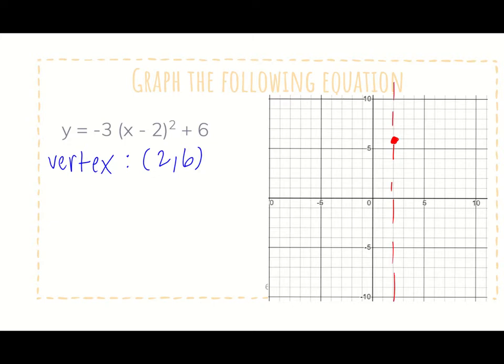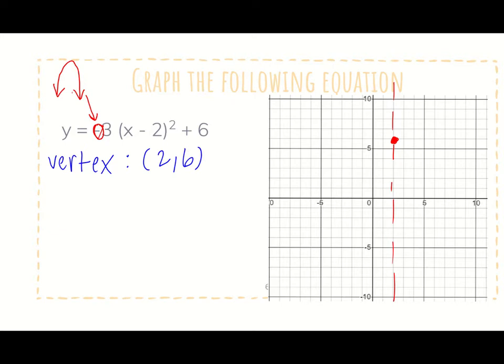I can also hopefully recognize that because there is a negative out in front here, that this graph is going to have a maximum and it's going to open down. So this graph is going to go down like this. I don't know exactly where yet, but it is going to go down. So obviously, like I said, that 1 point's not enough. We need to find another, and then we can mirror it on the other side of the axis of symmetry.